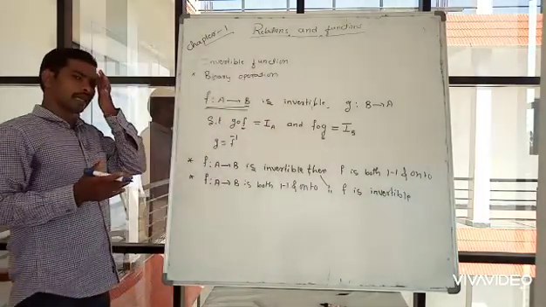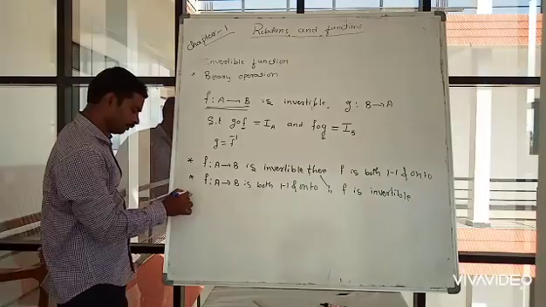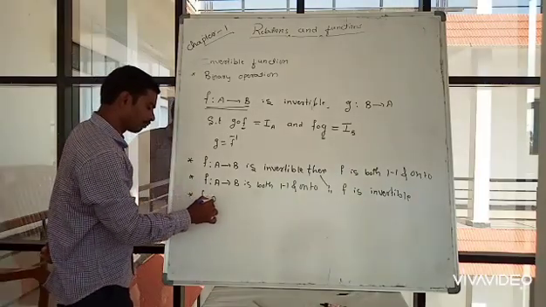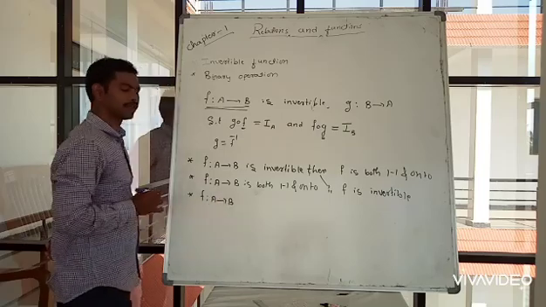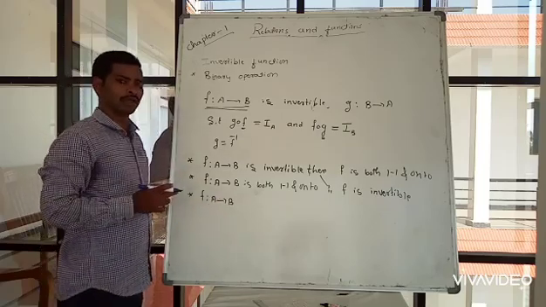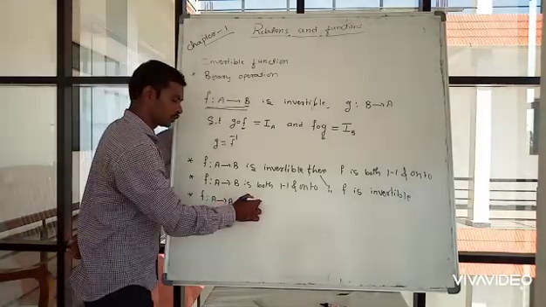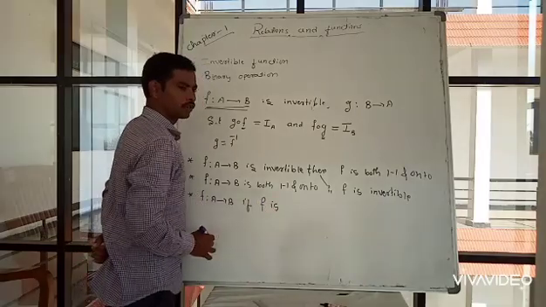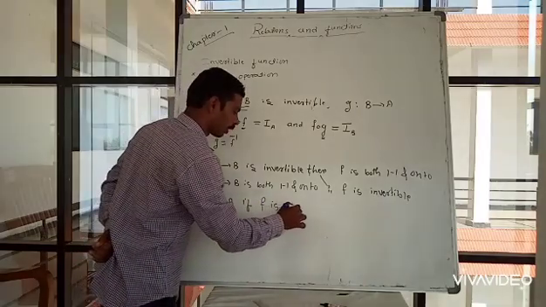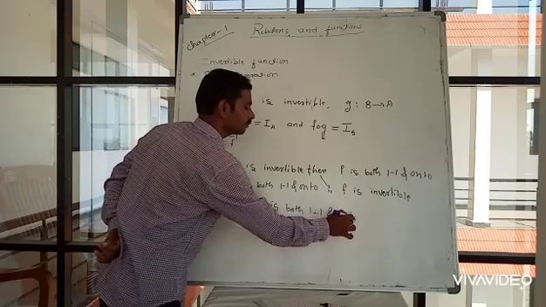So another way we can also define this. Any function f from the non-empty set capital A to the non-empty set capital B is said to be invertible if the condition is that f must be both 1-1 and onto, right?